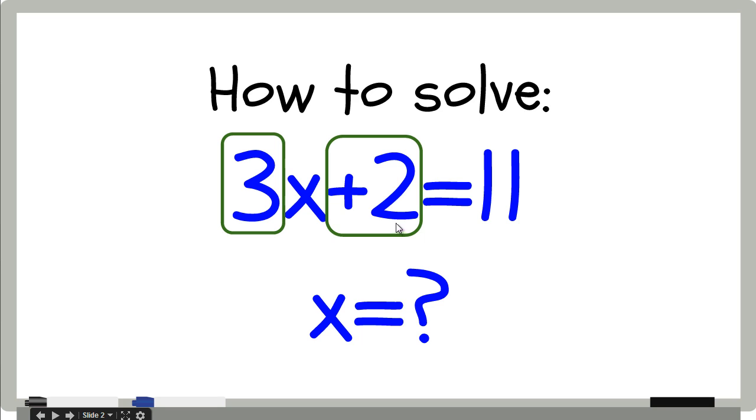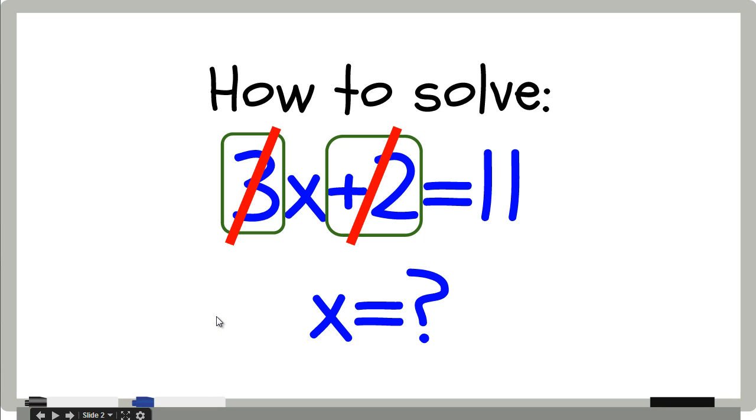And there's a 2 that's been attached to it through addition. We've got plus 2. And so because these are there, x is not alone, and we don't know what x is. Solving an equation is pretty much figuring out how to get rid of these other things that have been attached to the x so that the x is alone and we can see what its value is. So that's going to be our approach today, is figuring out how to do that.